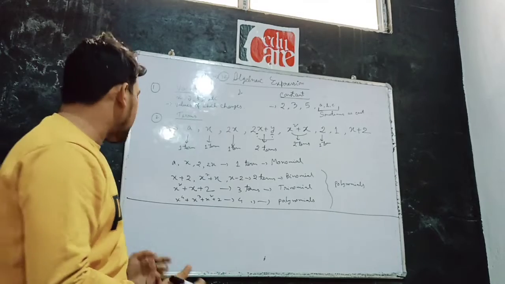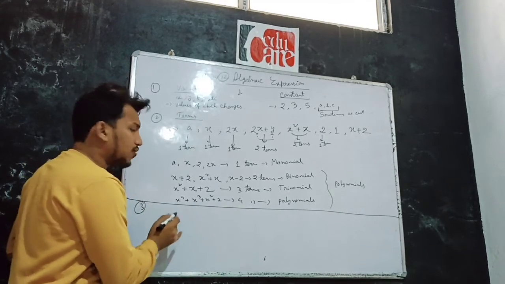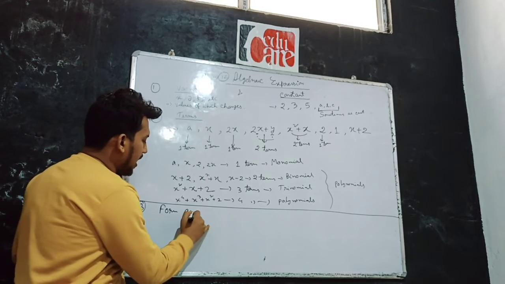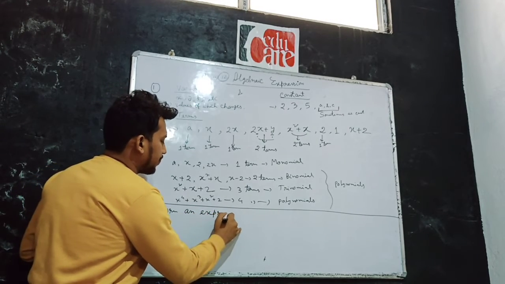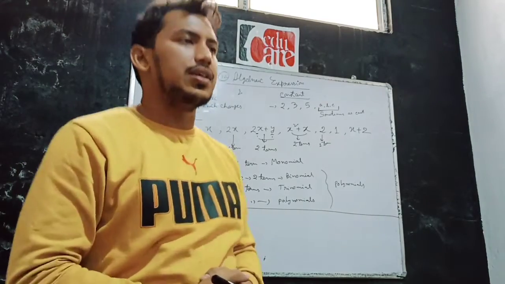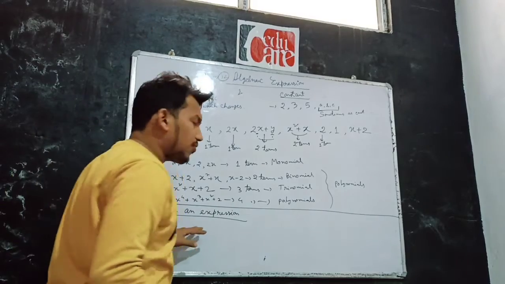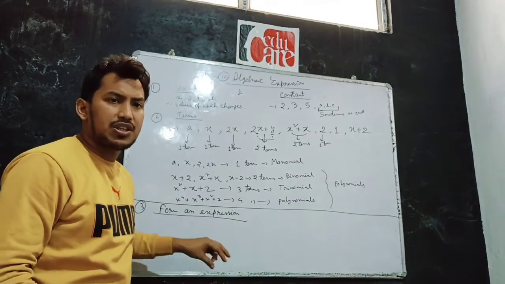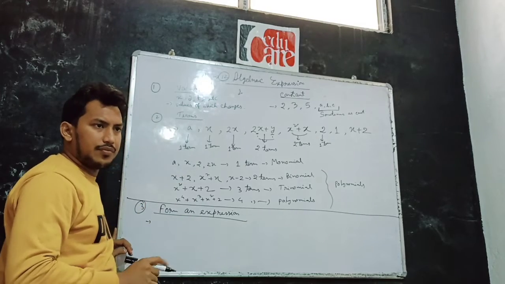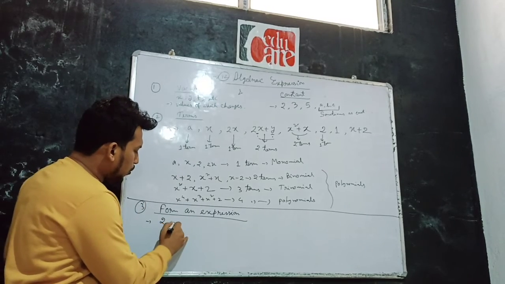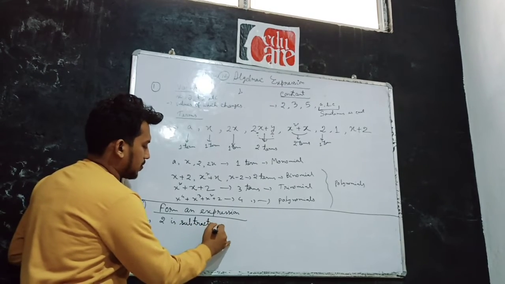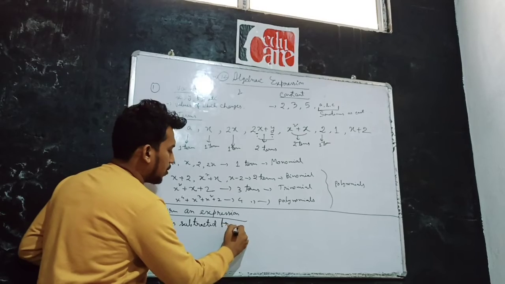Now coming to how to form an expression. How can you form an expression? Suppose we have one question: 2 is subtracted from x.